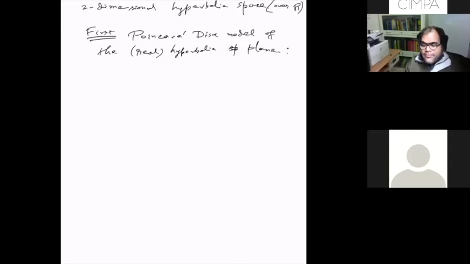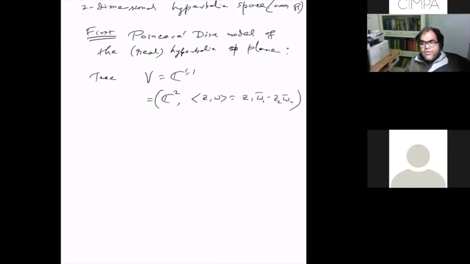So like yesterday, take V to be C^{1,1}, that is C^2 equipped with this Hermitian form, Z1 W1 bar minus Z2 W2 bar. Okay, so this is the space. Now, you can think of this Hermitian form as, you just compute it, Z transpose H W bar.